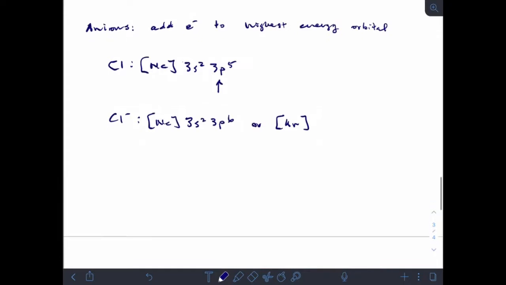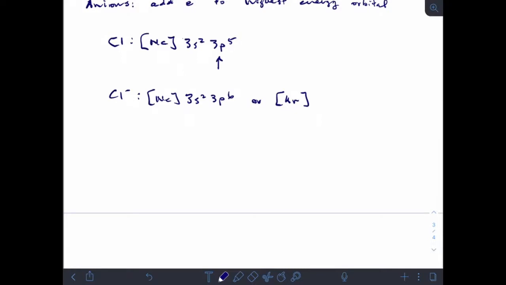So let's take a look at another example, nitrogen. All right, neutral nitrogen is helium core, 2s2, 2p3. If I make that N minus, I'm going to add to my highest orbital, so 2s2, 2p4.